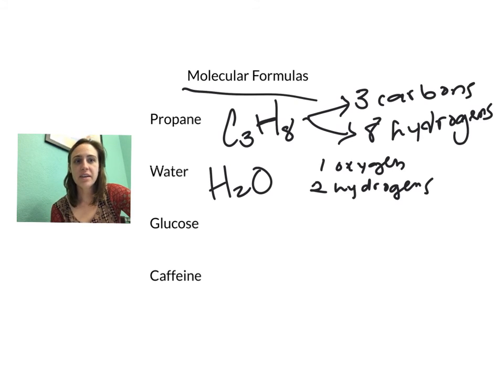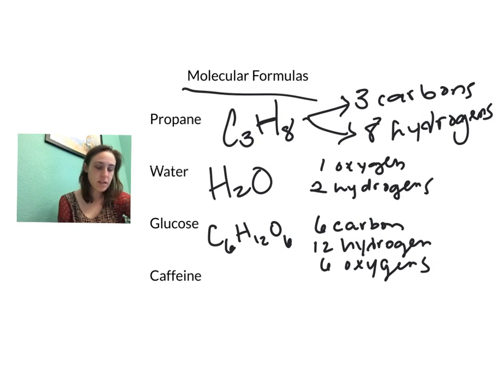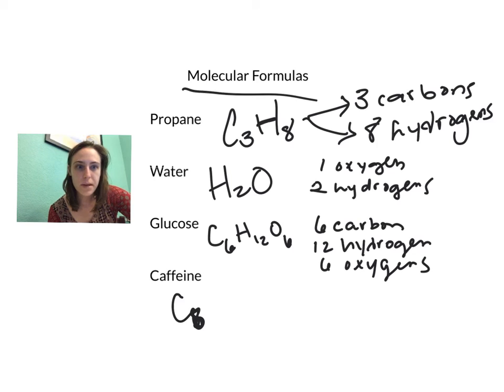All right, finally, let's do our last 2. The formula for glucose is going to be C6H12O6. So that means that I have 6 carbons, 12 hydrogens, and 6 oxygens, okay? Then finally, I'm going to do caffeine. I'm going to make sure I get this right. I always mess this one up a little bit. So C8, I'm sorry, I'm messing up already.